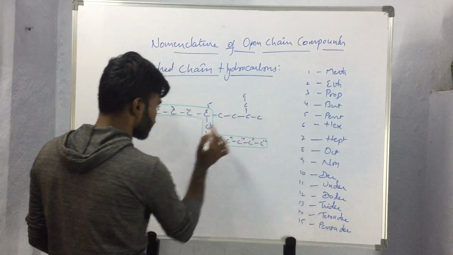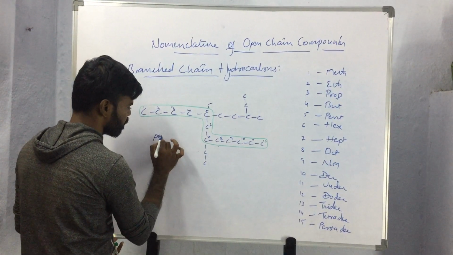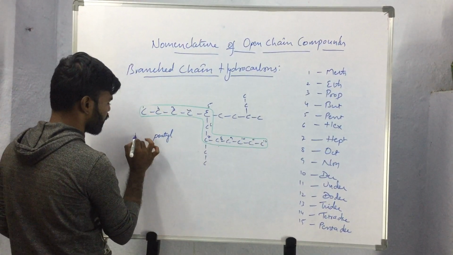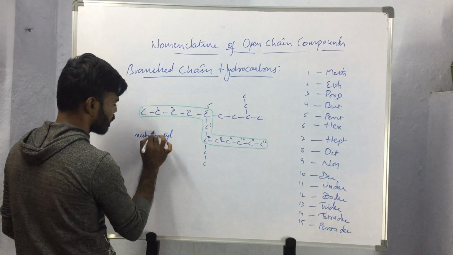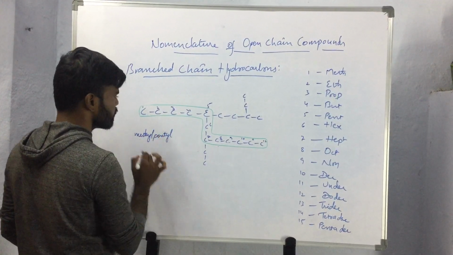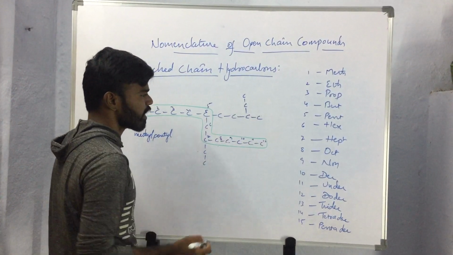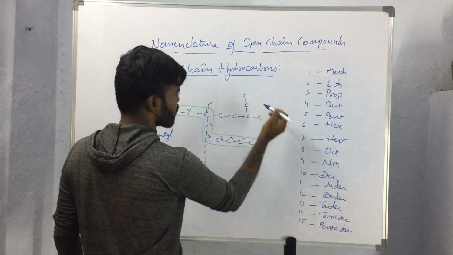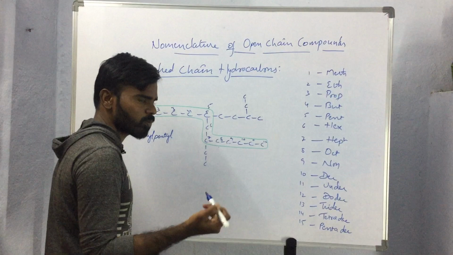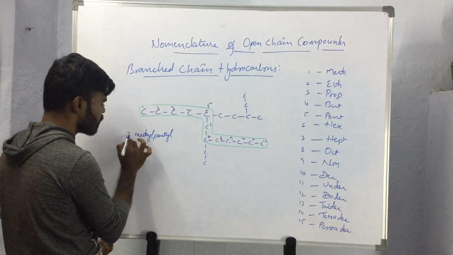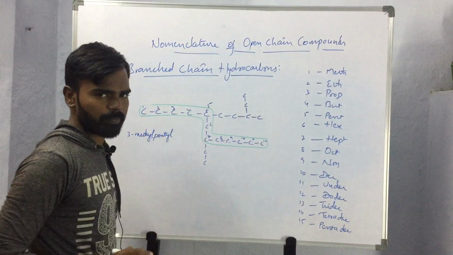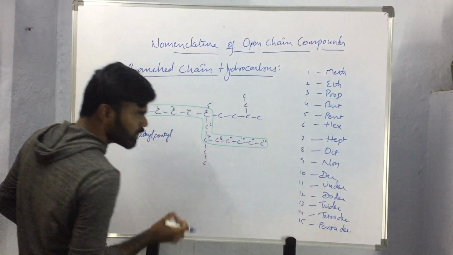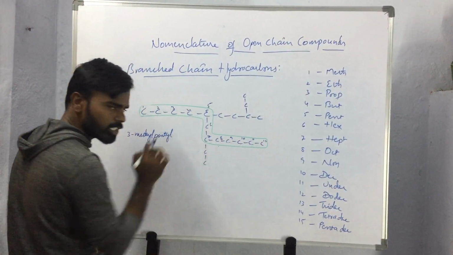So this will be the parent name pentyl, and this is methyl, and we have to designate the position of this methyl group. If we start numbering from here 1, 2, 3, if we start numbering from here also 1, 2, 3, so no problem. So this will become 3-methylpentyl. So this will be the main parent chain.